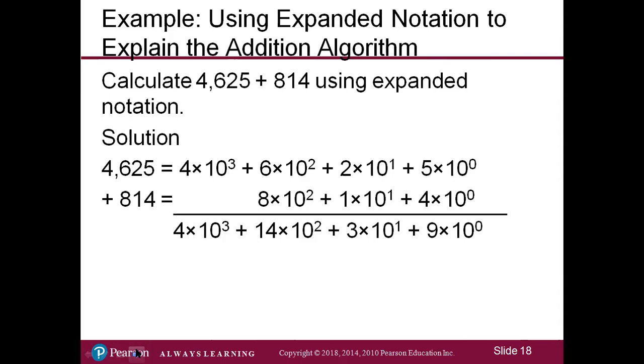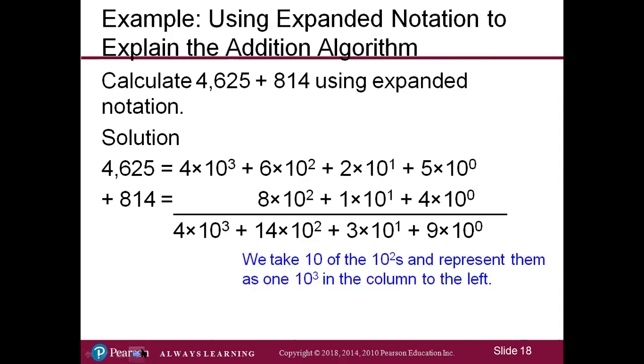All right, so the problem here now is we have 14 groups of the 10 squares, right? So we can basically regroup at this point. We take 10 of the 10 squares and represent them as one group of 10 cubes. Because if we have 10 times 10 squared, we have 10 cubed.